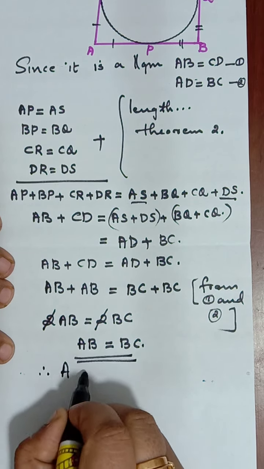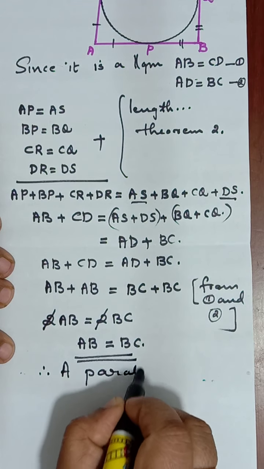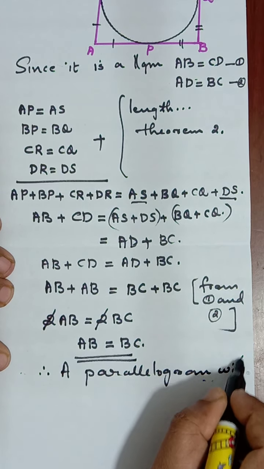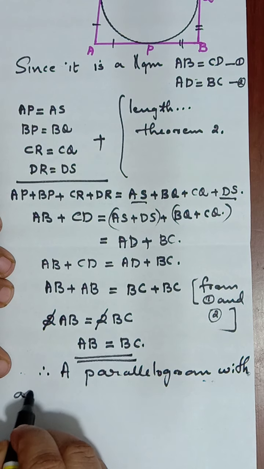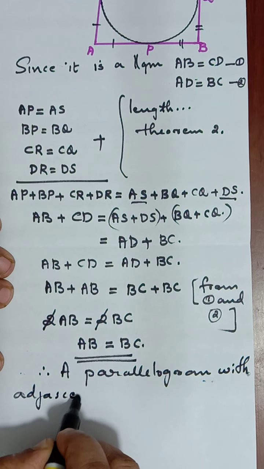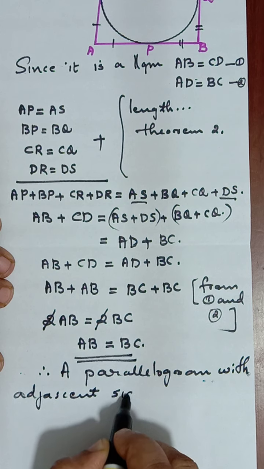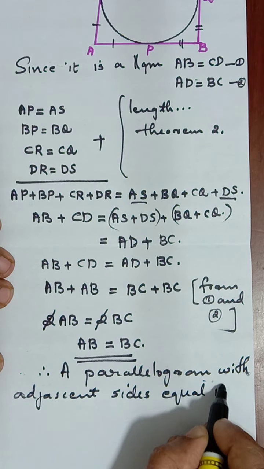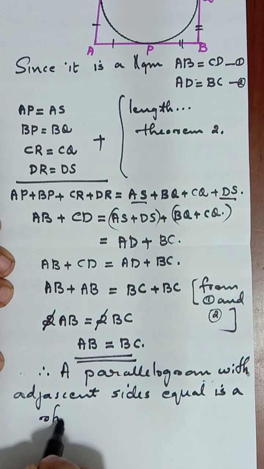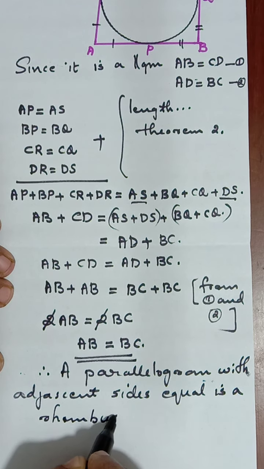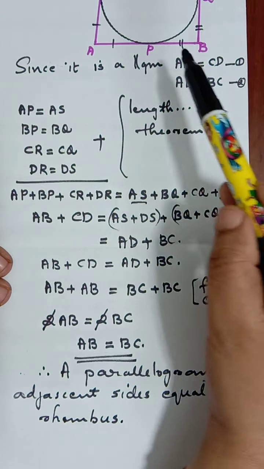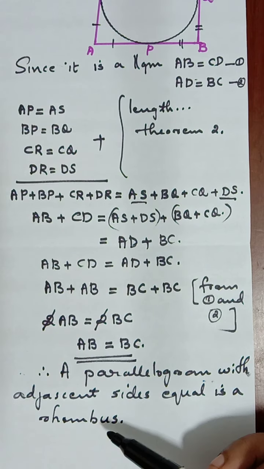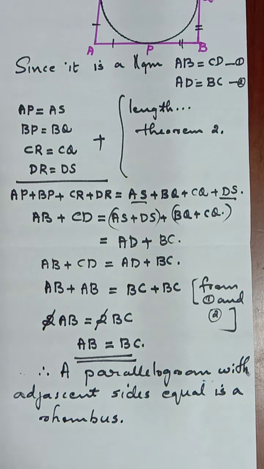Therefore, a parallelogram with adjacent sides equal is a rhombus. That is how we have proved. So adjacent sides equal we proved, AB equal to BC.